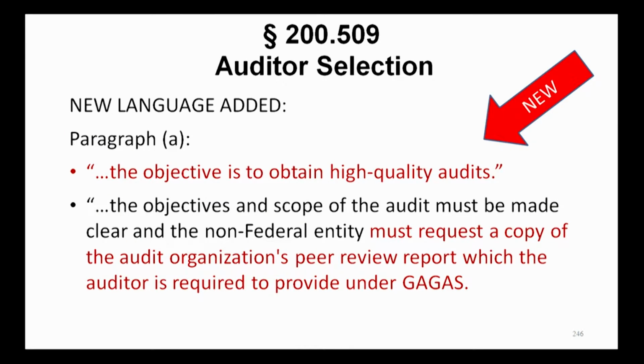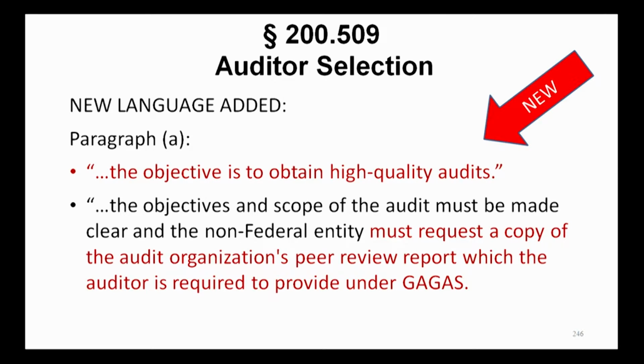So 509, auditor selection. So let's take a look at what's changed here. The new language in here is the objective is to obtain high quality audits. So in talking about selecting an auditor, the language is focusing us to look at the purpose of what we're trying to accomplish, which is to obtain high quality audits, not just any old audit will do, but really focusing on the qualifications.